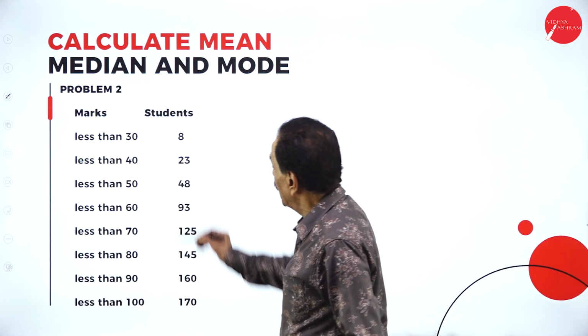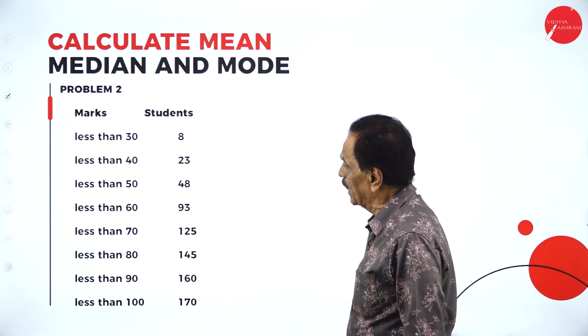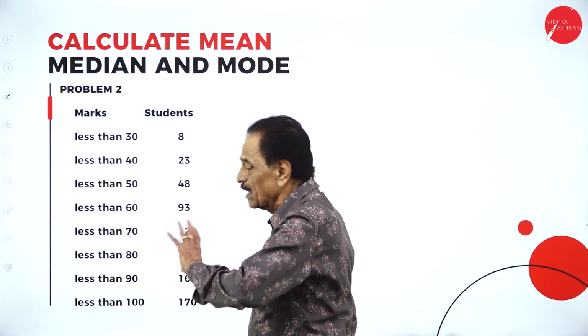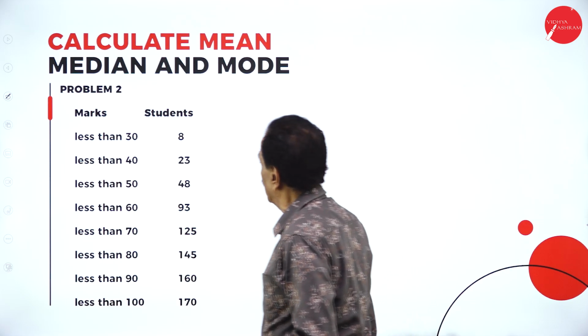Marks. Less than 30, less than 40, less than 50, less than 60. So there is a difference of 10. Less than 30 means a difference of 10 deducted, 20 to 30, 30 to 40. You write here.